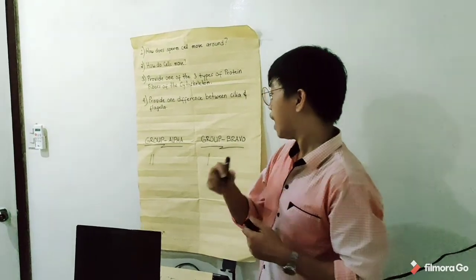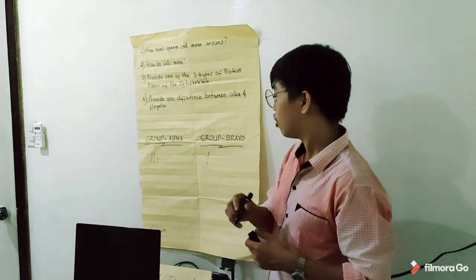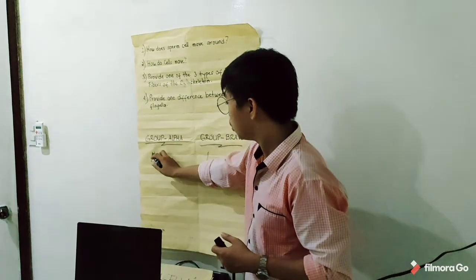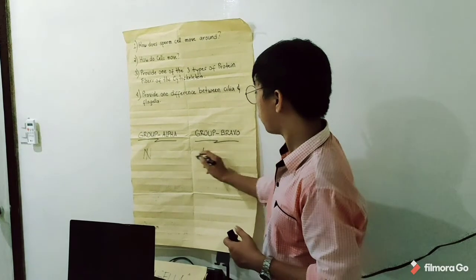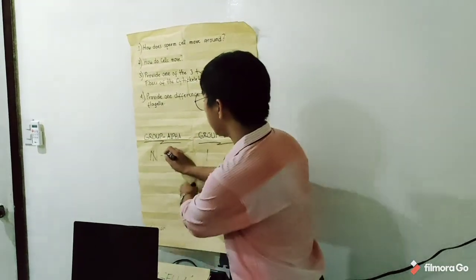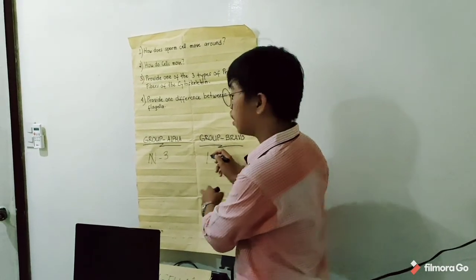So, Alpha group, you have 1 point again. So, you have 3 points and 1 point.